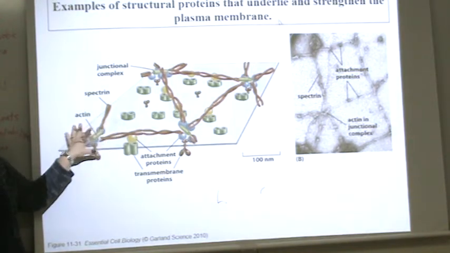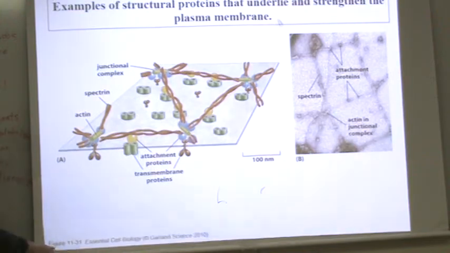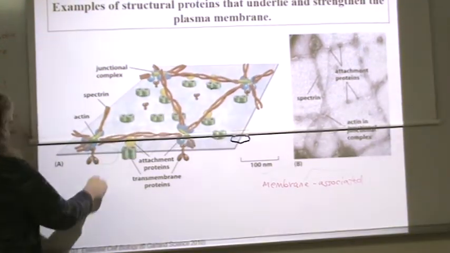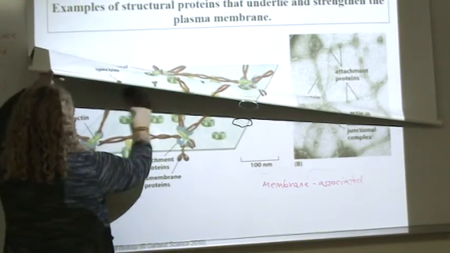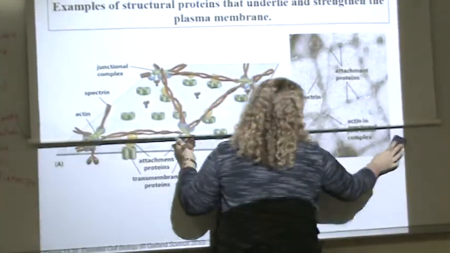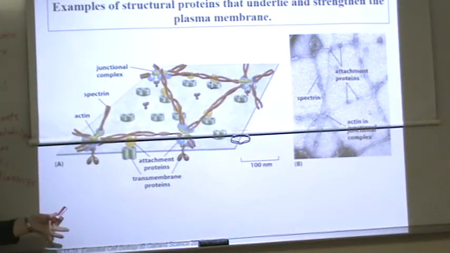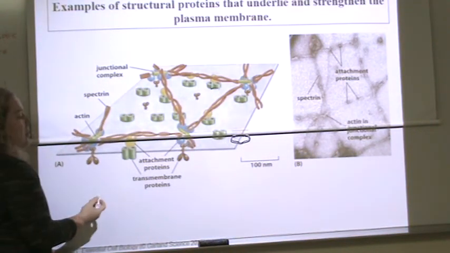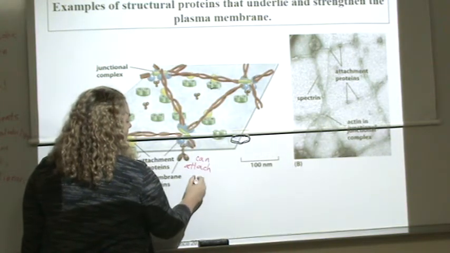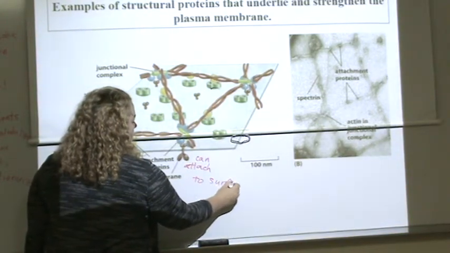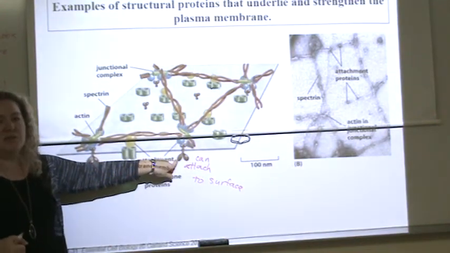And we come back to this later when we talk about cells crawling or cells moving. They have to somewhat remodel this to move. And down here, these transmembrane proteins, if a cell is going to attach itself to a surface or crawl over a surface, there would be a connection through this side of the transmembrane protein to do that.